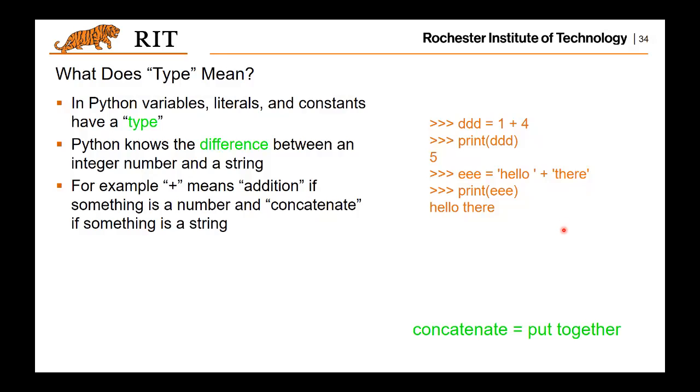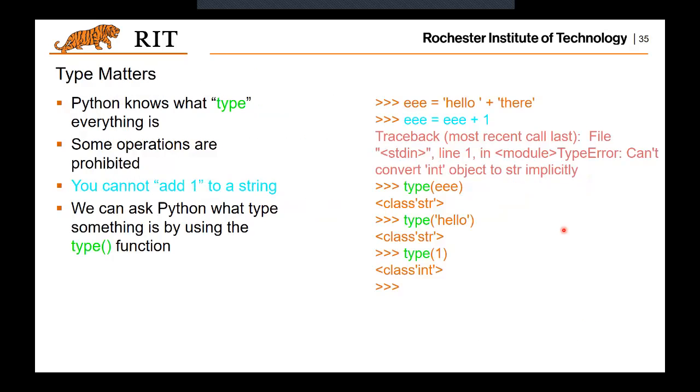But you still have to be careful, especially if you make some mistake. For example, you have this EEE, which is the result of this stitching, hello space and there, but you accidentally do another addition with an integer number, EEE plus 1. So what happened?